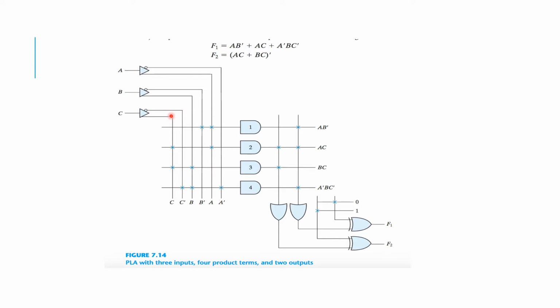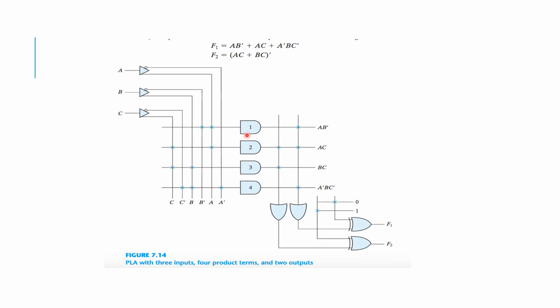Each input goes through a buffer inverter combination, which is very clear in the diagram. So it has both the true and complement outputs. Each input and its complement are connected to the inputs of each AND gate through these horizontal lines, as indicated by the intersections between the vertical and the horizontal lines.